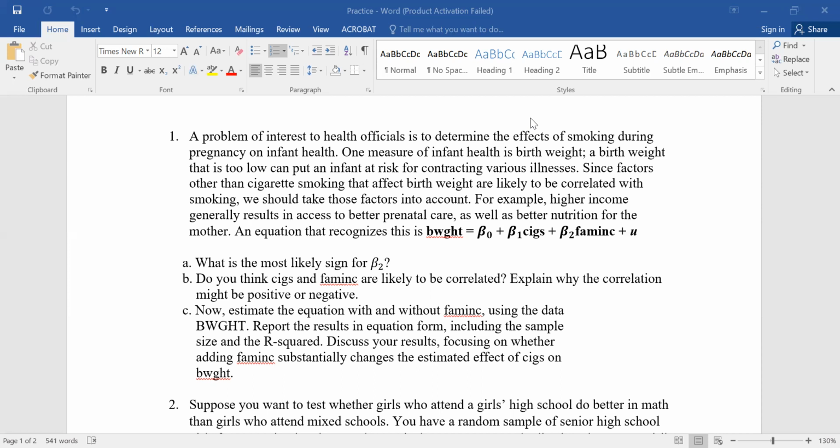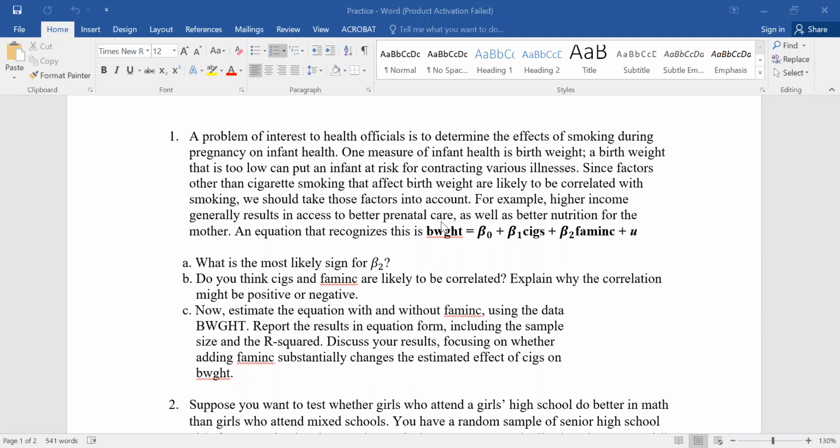We should take those factors into account. For example, higher income generally results in access to better prenatal care, as well as better nutrition for the mother. An equation that recognizes this is BWGHT = beta 0 + beta 1 cigs + beta 2 faminc + u. Okay, that's fine. Thank you.